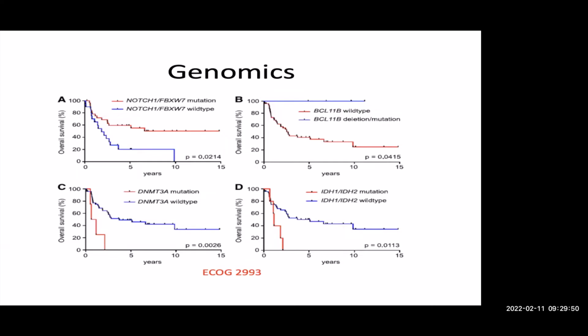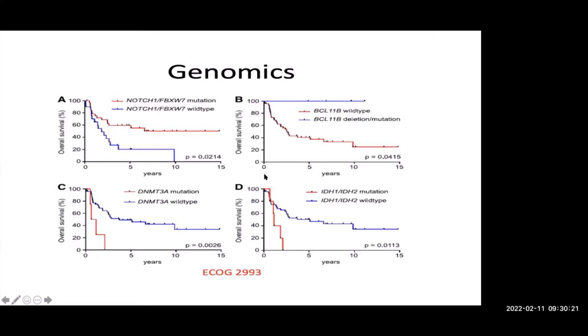Coming to the genomic risk factors, in this ECOG study, they identified high risk genomic factors associated with inferior outcomes. One can see that patients who had wild type NOTCH and FBXW7 have inferior outcomes compared with those with these mutations. Another risk factor is the presence of DNMT3A mutations, which have inferior outcomes compared with wild type DNMT3A.